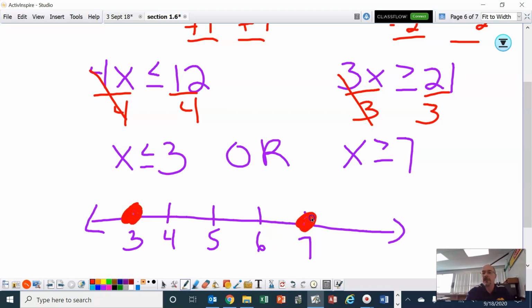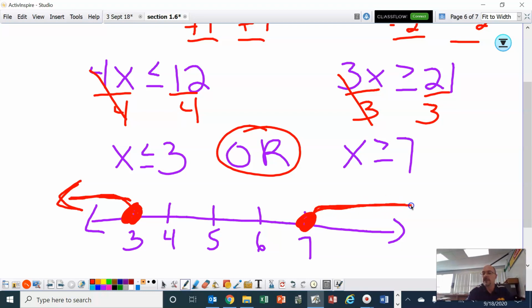But now be careful, ladies and gentlemen, this is an OR. So x is less than 3, so it should be going this way. Or it could be greater than or equal to 7, so that's got to go that way. So or is going to go in opposite directions, and it's not going to be in the middle of the 2 dots.